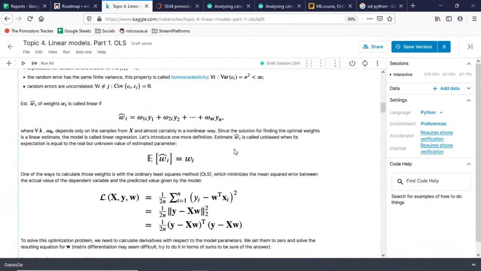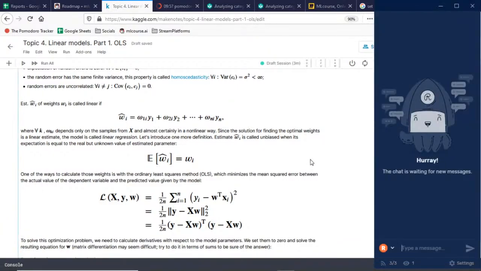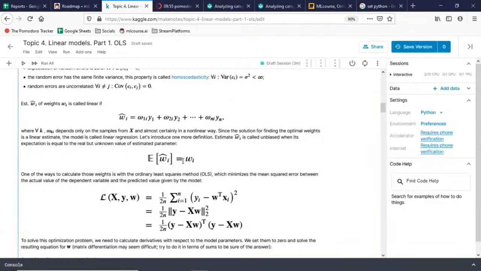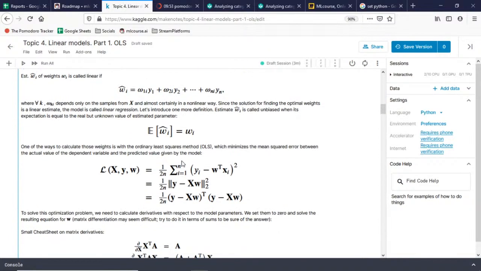One of the ways to calculate those weights is the ordinary least squares method, which minimizes the mean squared error between the actual value of the dependent variable and the predicted value given by the model.